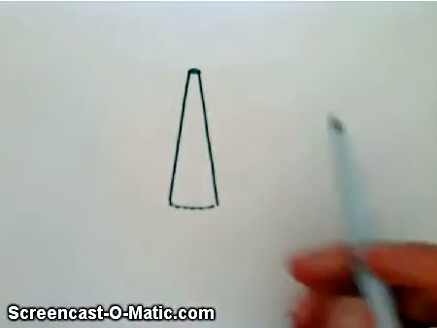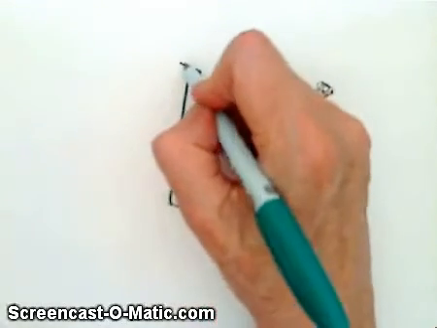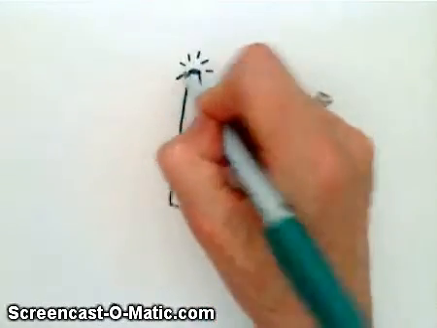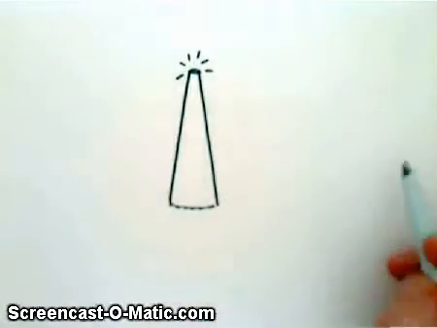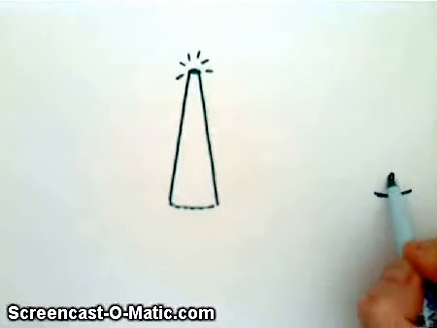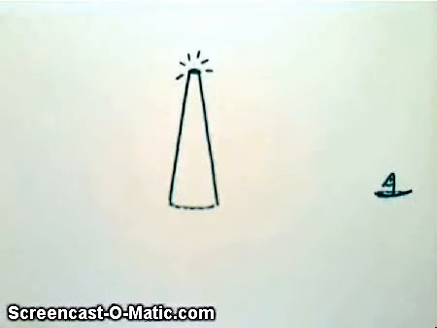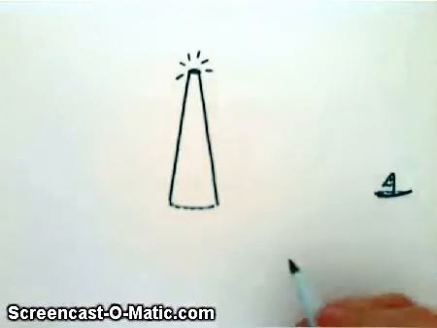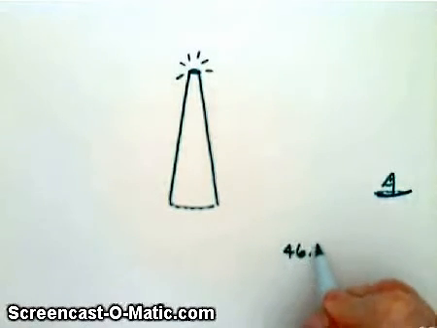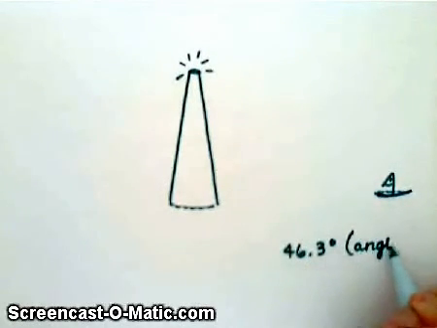And let's say it's sitting on a point of land, and it looks out to one side and it spots a little boat over here, and the angle of depression to the boat is 46.3 degrees angle of depression.